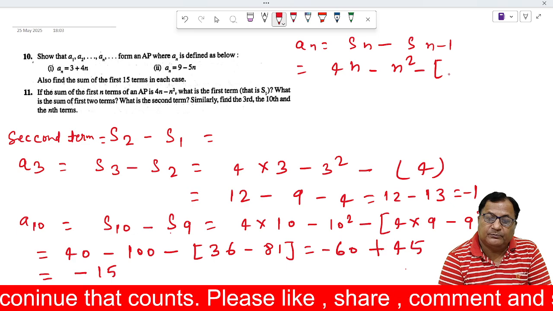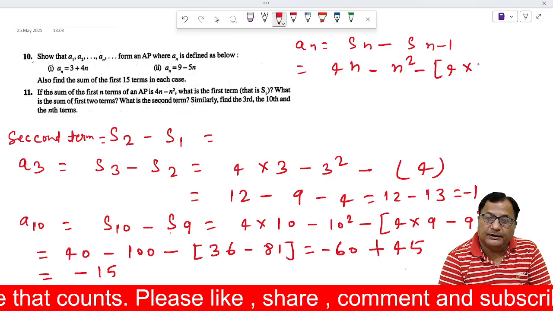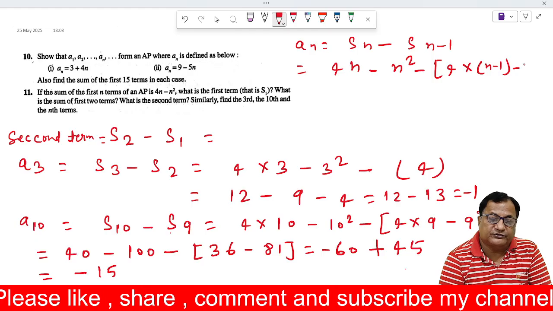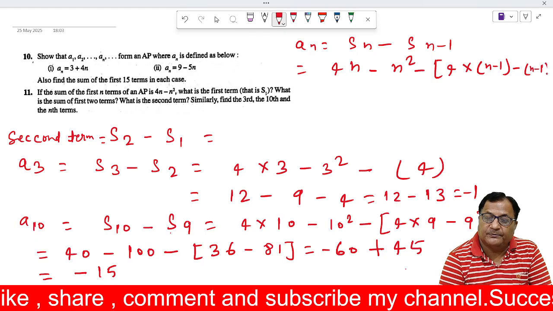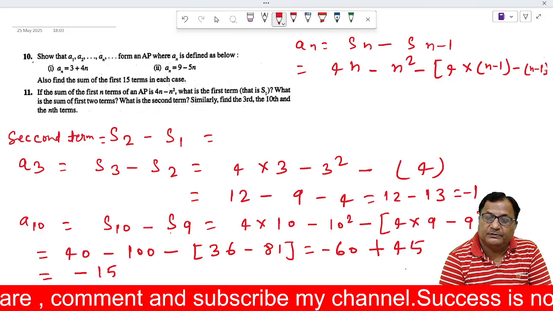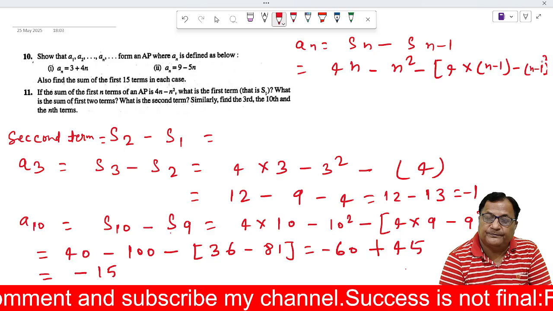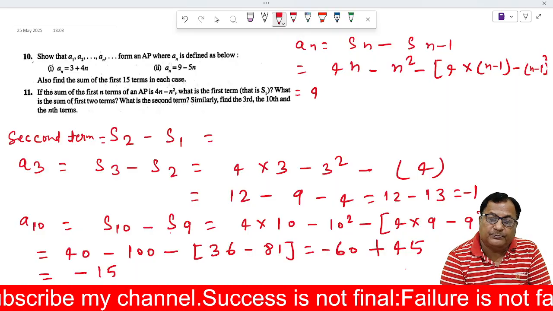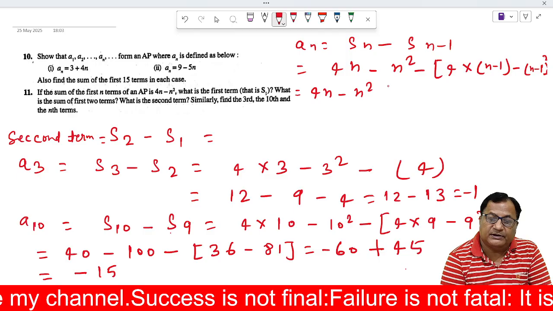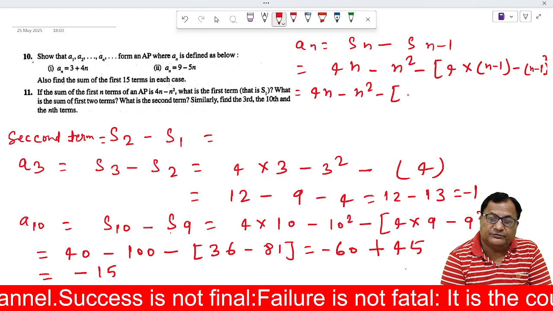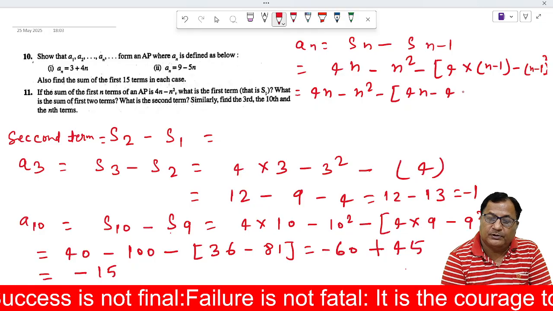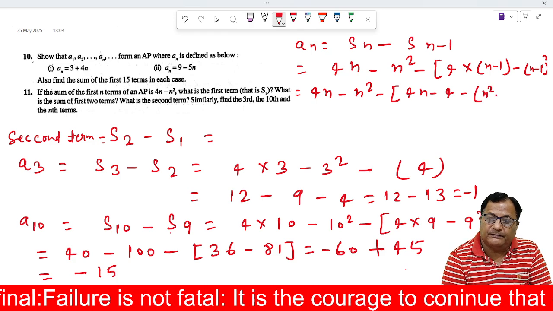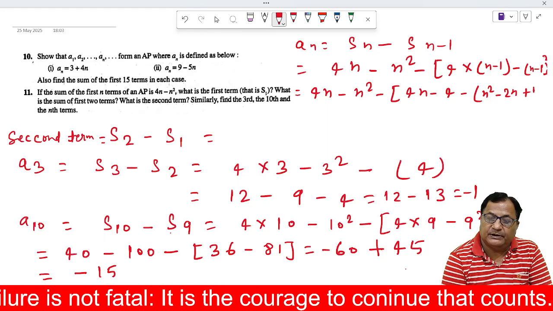This will be 4 into n minus 1, and minus n minus 1 whole square. Now if you solve this: 4n minus n square, minus 4n minus 4, and this is the a minus b whole square formula, so n square minus 2n plus 1.